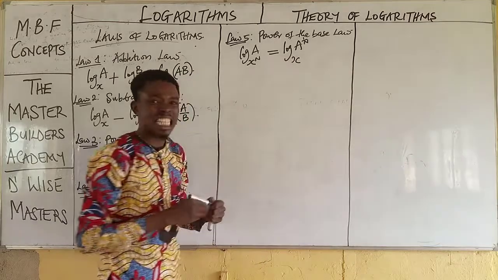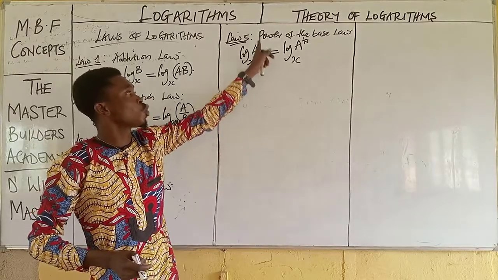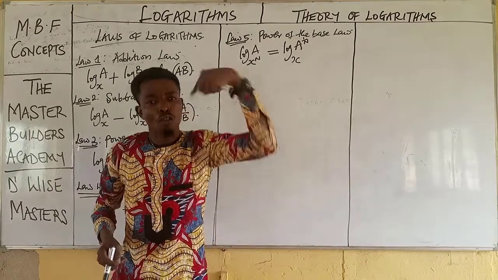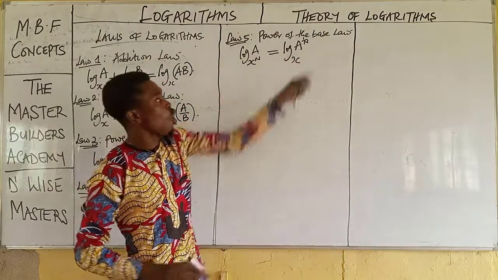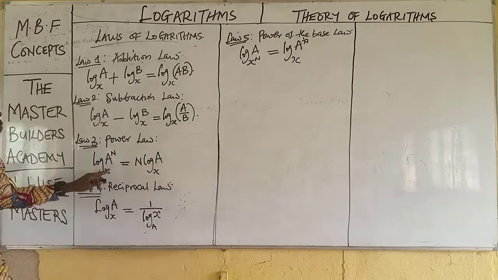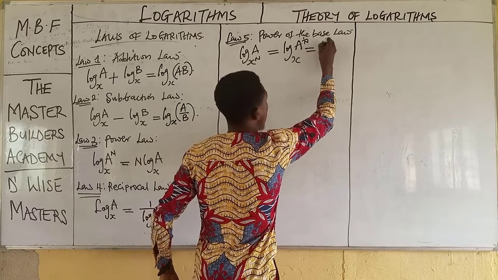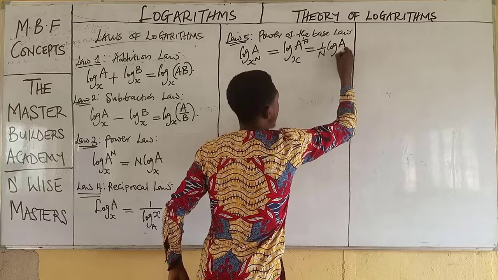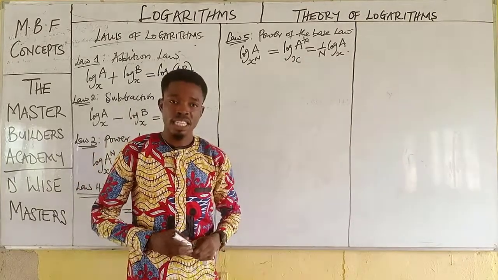So anytime you are transferring the power of the base to the number, you take it as 1 over, which is the reciprocal of the original power of the base. Or you can make use of law number 3, and by extension have this as 1 over n log a base x. So you can either convert to this form or this form, whichever case is applicable.